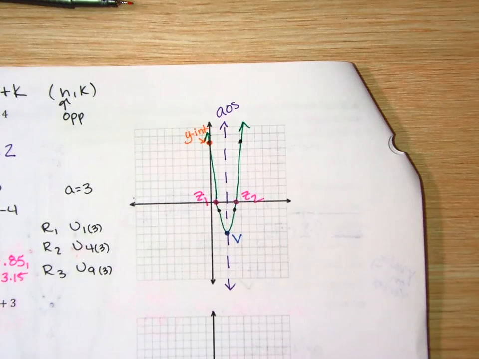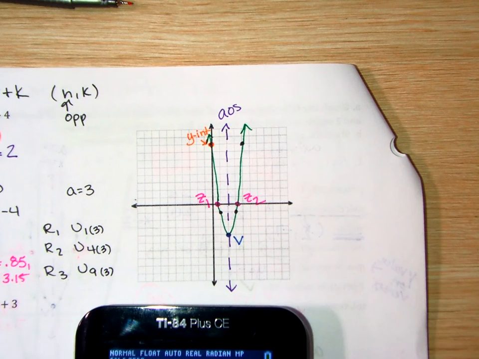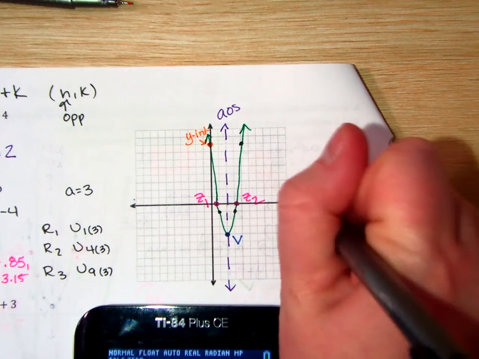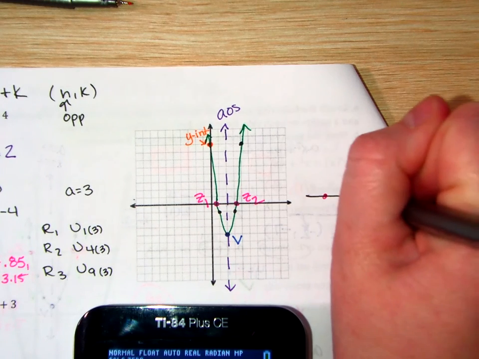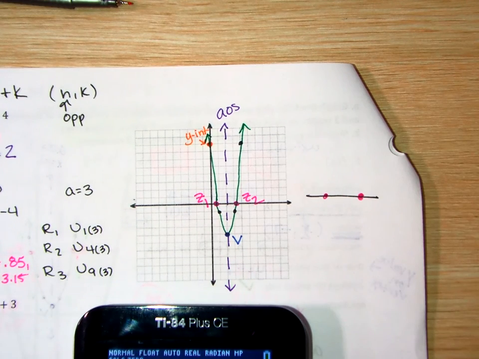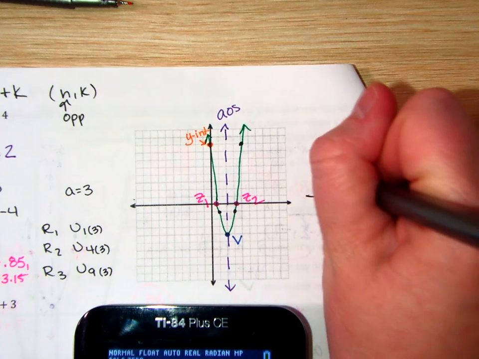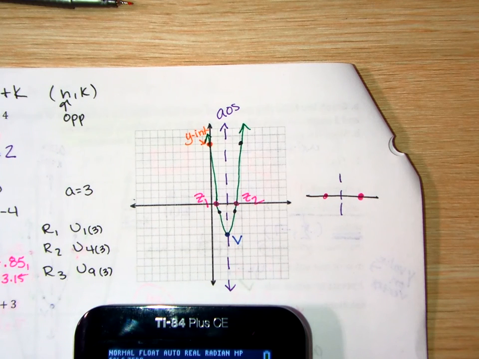Now, what I'm going to do is show you the typing part, which I wasn't trying to do yet. When you look at this on a number line, you have zeros, which are somewhere here, and then you have the axis of symmetry, which is in the middle.